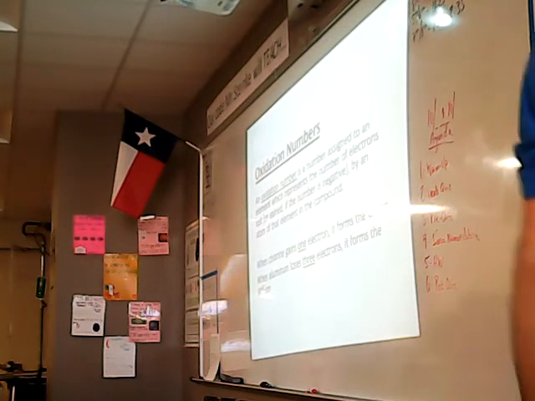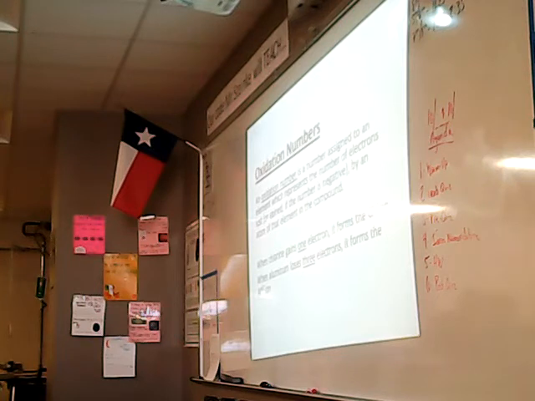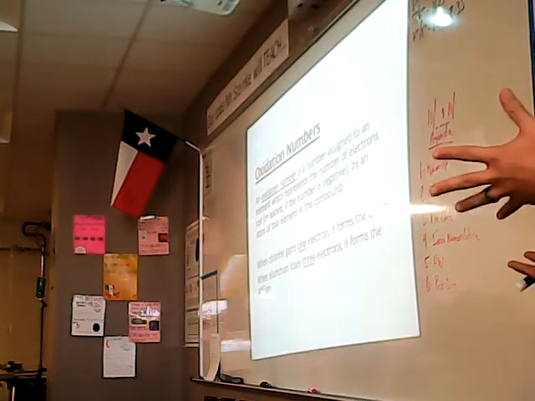What about above halogens? -1. What about above the oxygen family? -2. What about above the nitrogen family? -3. Would I put anything above carbon? No, because we don't know. +4, -4, we don't use those examples.